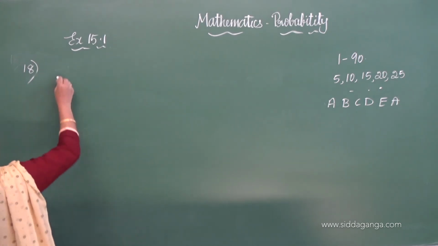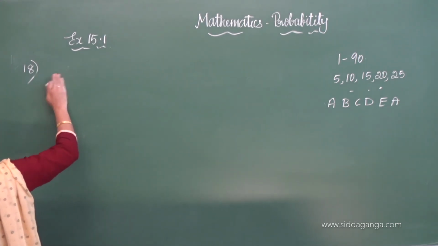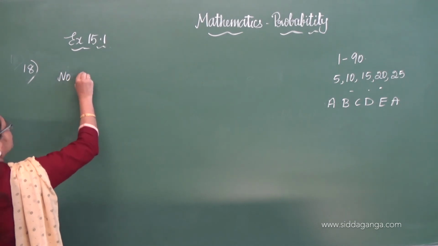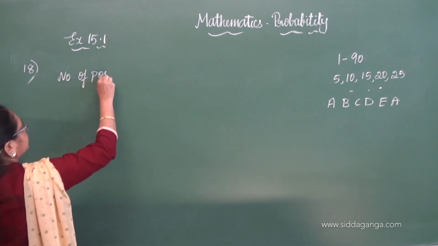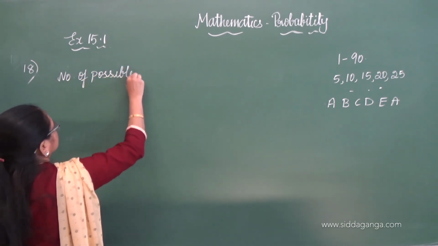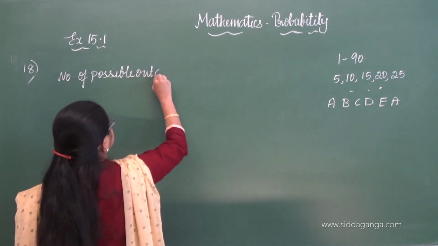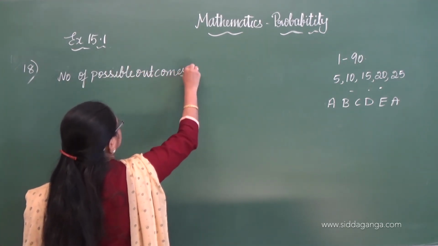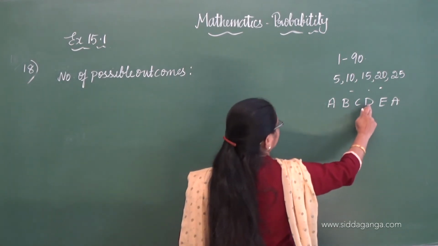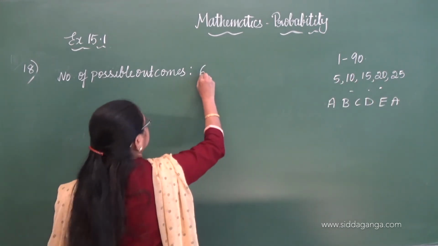Okay. Now, a child has a die whose 6 faces. So, the number of possible outcomes: how many? 1, 2, 3, 4, 5, 6. 6 are there.